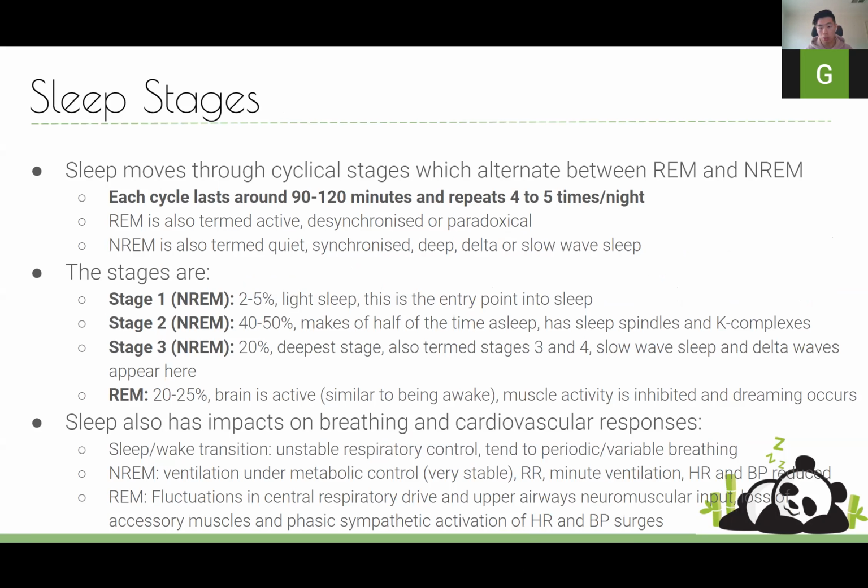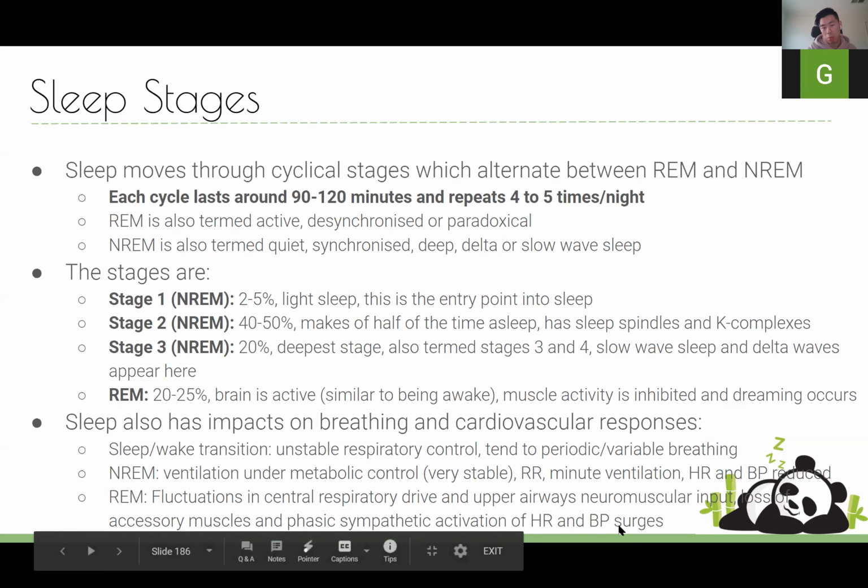Your first 3 stages are NREM, and your last stage is a REM stage. There's a bunch of criteria, but just know it goes through those 4 stages. I think the maybe important ones: stage 2, your K complexes; stage 3, your delta waves; and stage REM is where your dreaming occurs, which might be something you can think about as a buzzword.